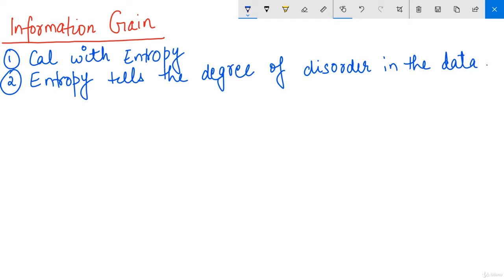So basically this is entropy, which is entropy's role here in information gain. And like I explained at the end of the previous video, like the Gini index, the value of entropy also lies between 0 and 1.